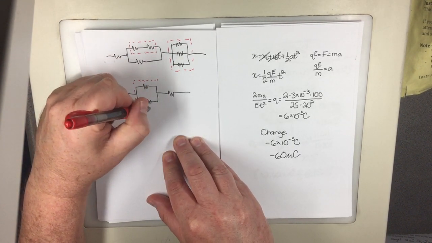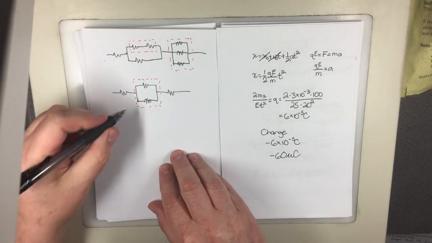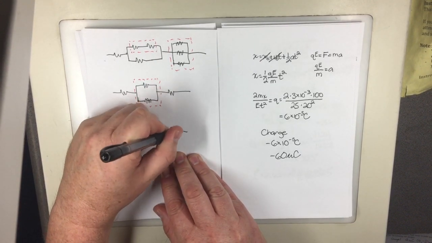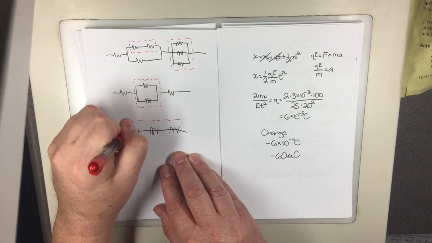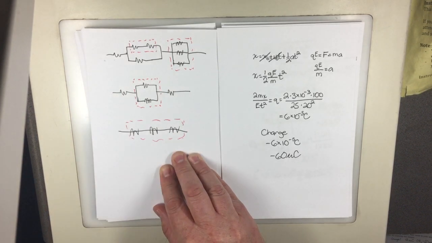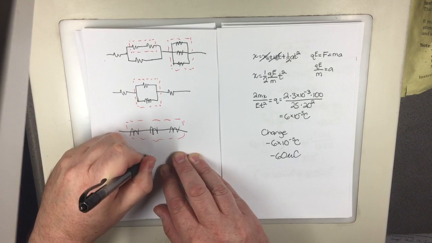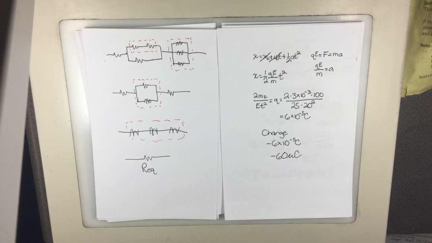The next squooshing are 2 parallel resistors, which gives me that. And then the last squooshing will give me REQ. And so that's the procedure, just drawing it out.